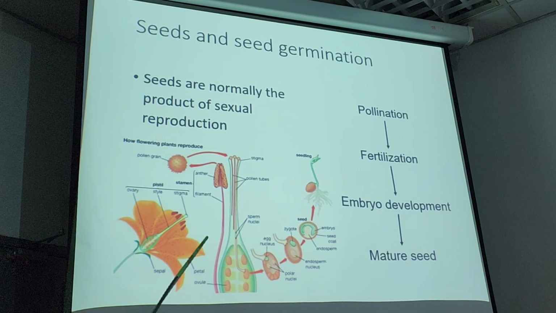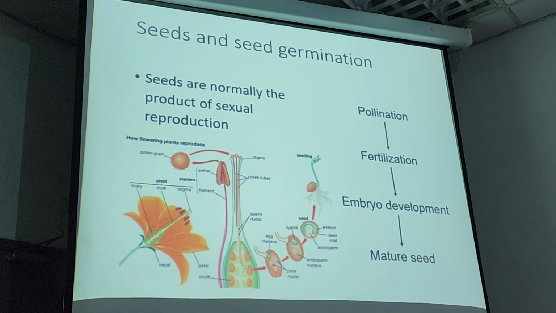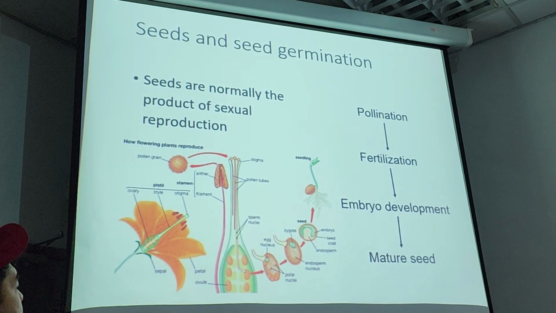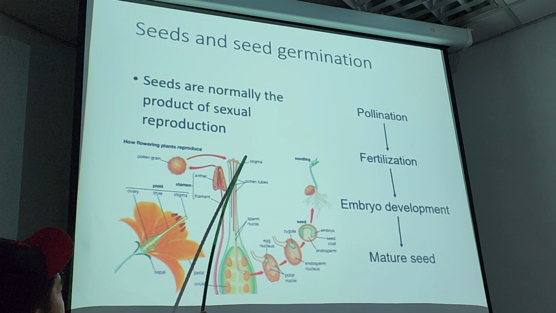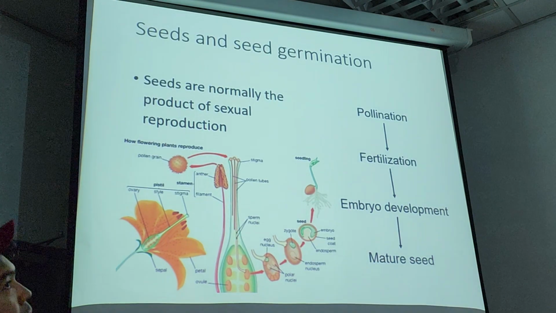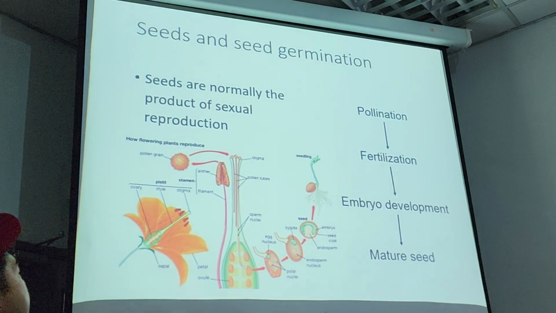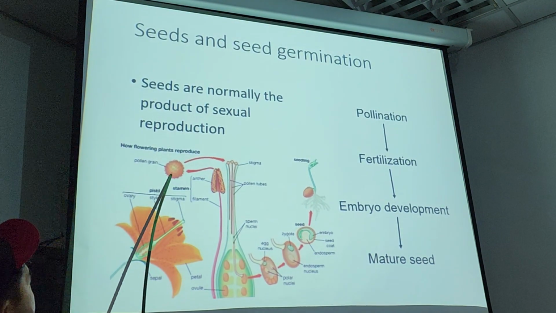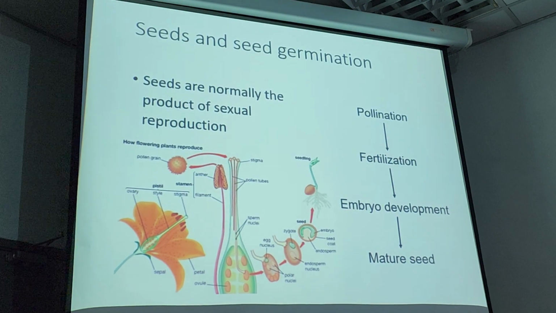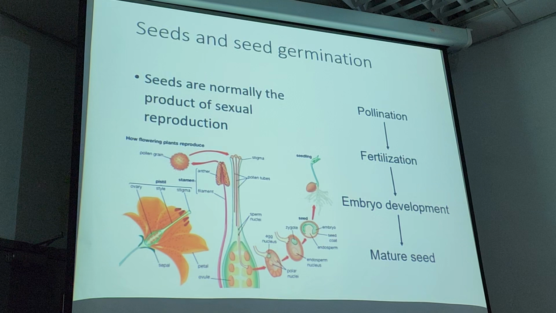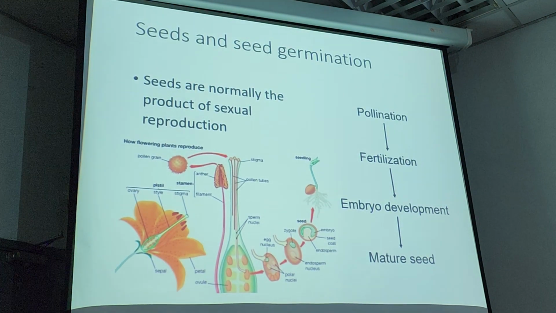So this is a flower. What you are interested in is what we call the gynecium, which is the female part of the flower, gynecium or pistil, and then the male part of the flower, androecium.